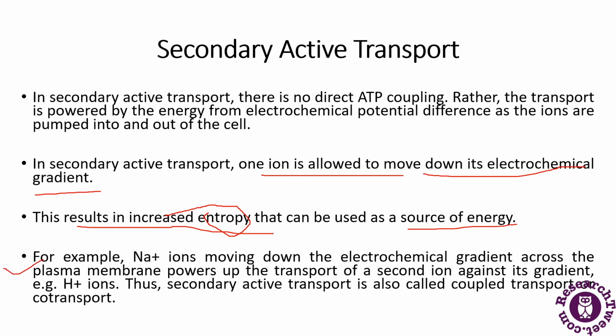For example, Na plus ions moving down the electrochemical gradient across the plasma membrane power the transport of a second ion against its gradient, that is H plus ions. So secondary active transport is also called coupled transport or co-transport. So this is all about secondary active transport.